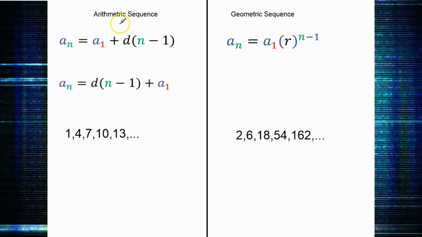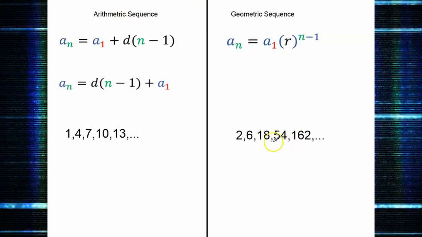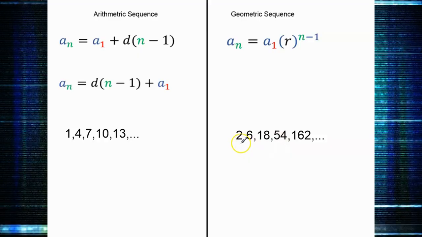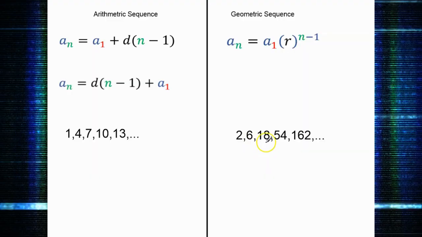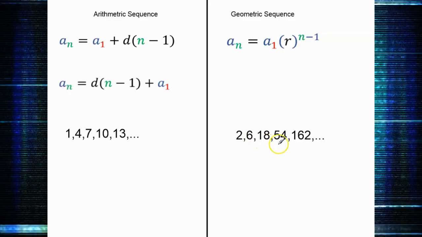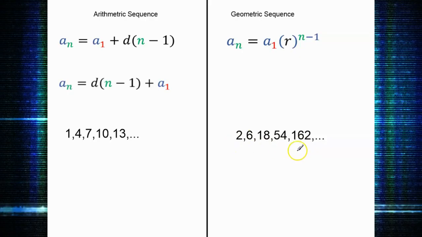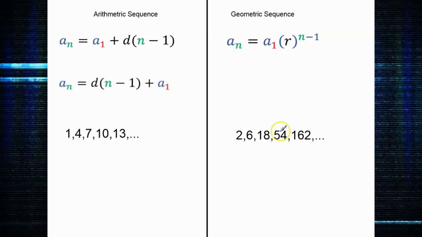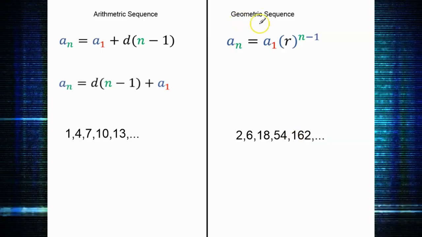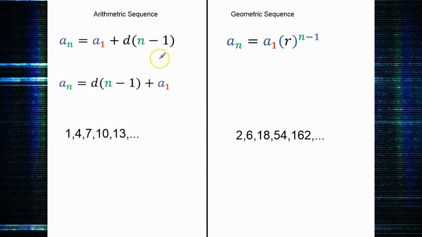A geometric sequence is different: we're multiplying to get to the next value. So in this case, we're multiplying by the same number to get to the next number over. And that happens for all of our geometric sequences.